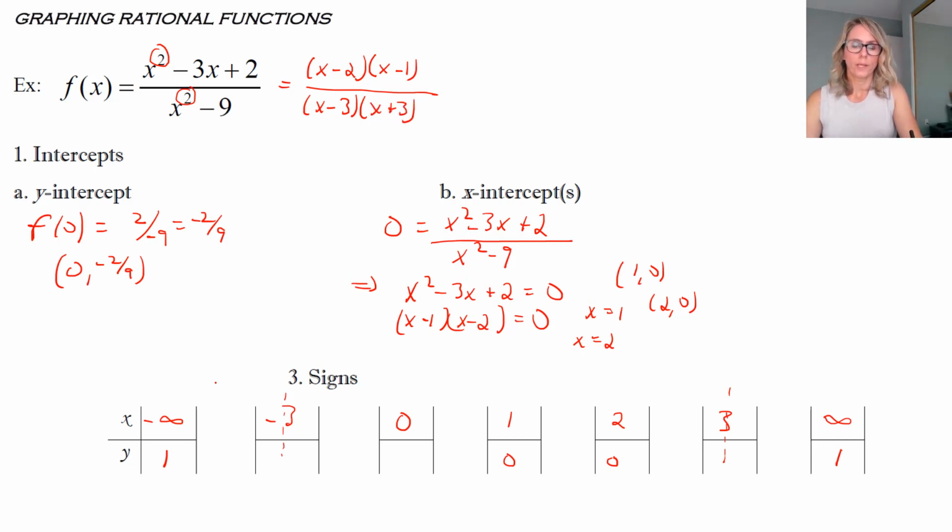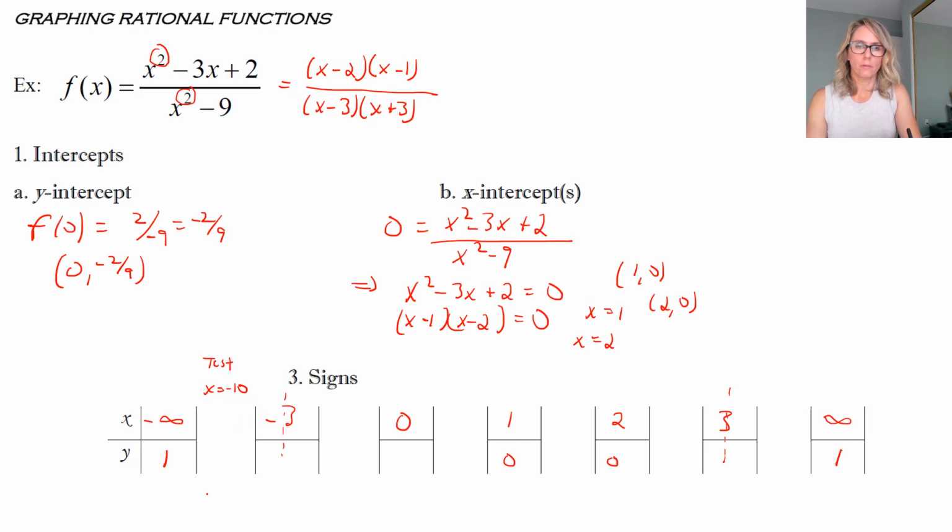Okay. So we can test something between negative infinity and -3. So let's say -10, my fave. So we put in -10. I'm plugging it in just to see, am I getting something that is positive or something that is negative? So I put in -10.